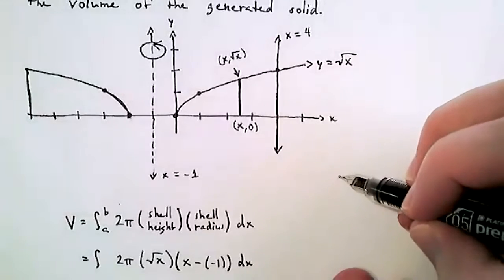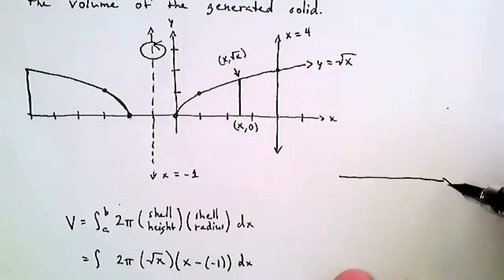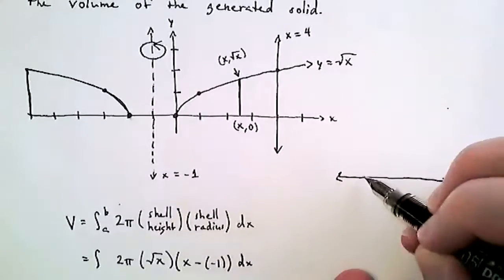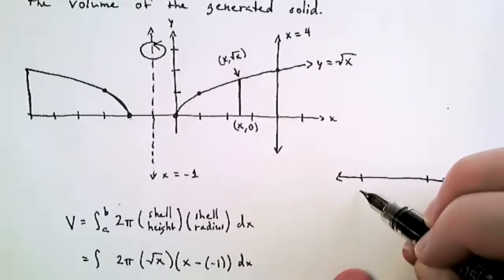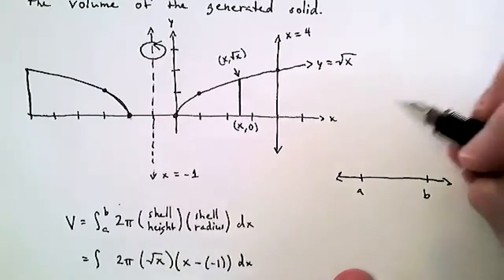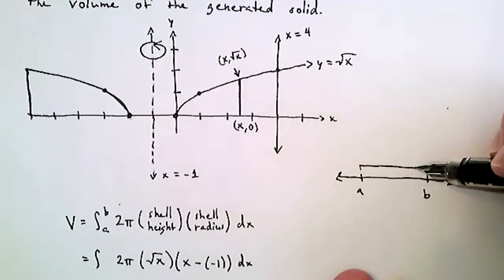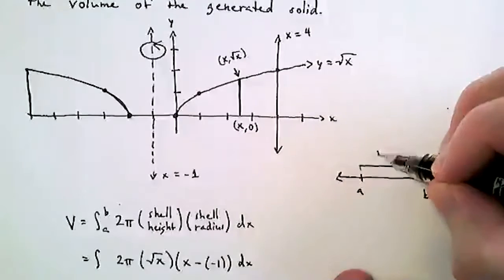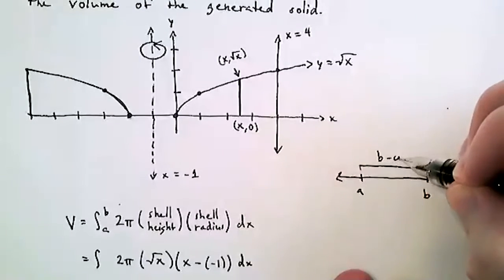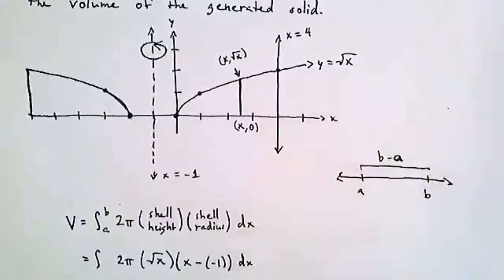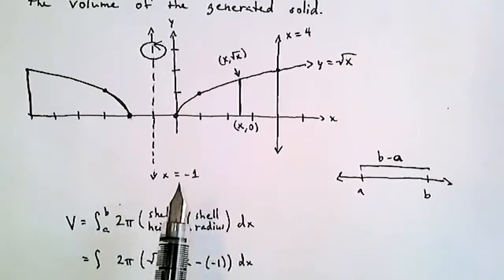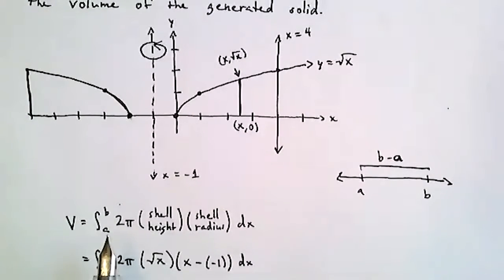So remember, thinking back to number lines, if you want the distance between A and B, then the distance is B minus A. And that's why we have this double negative, why we're subtracting -1. Okay, and one more thing to fill in.